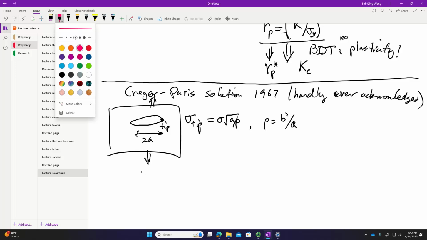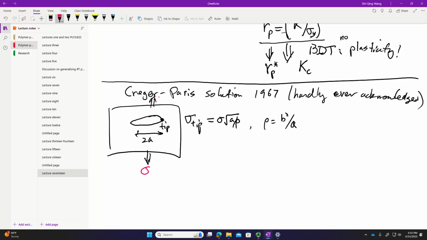You got the sample. It's being stretched out, so that the stress is growing as you stretch more and more, right? Until when would fracture occur? So this sigma keeps growing, which means your tip stress keeps growing. Until what moment?